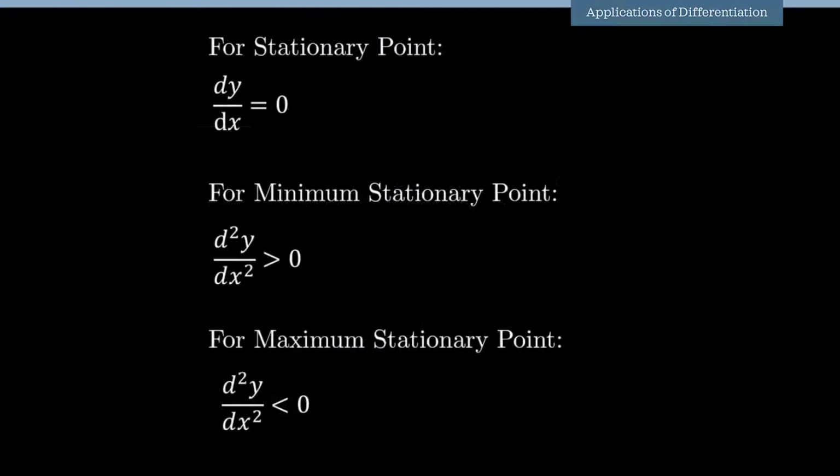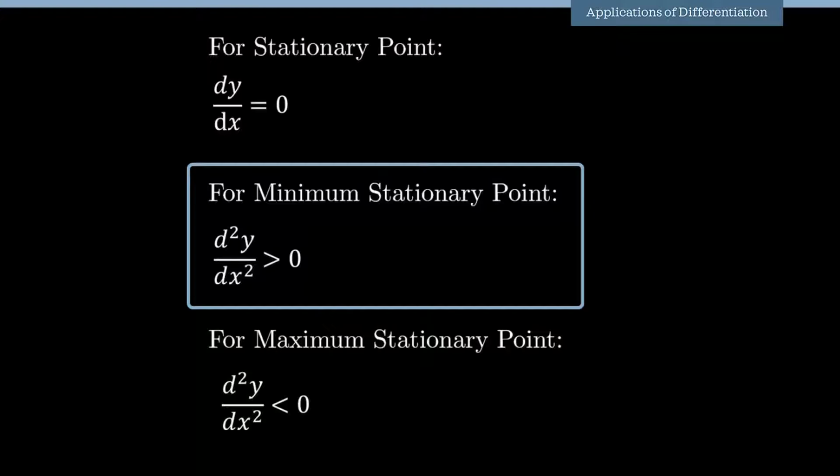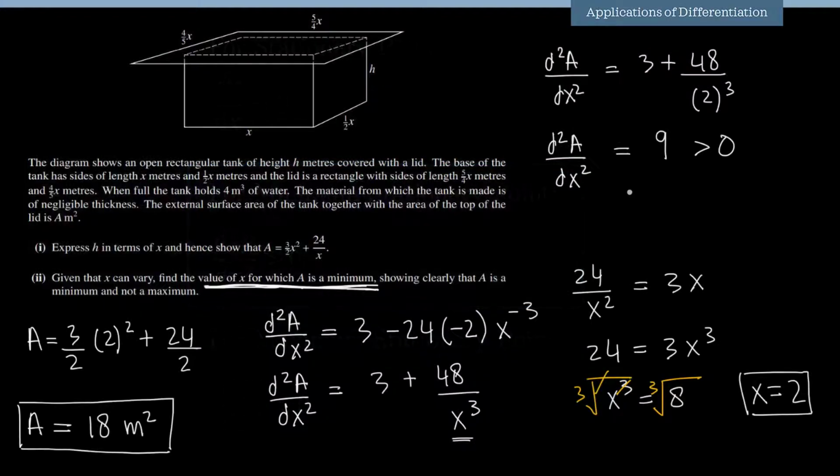And when the double derivative is greater than 0, the stationary point is a minimum stationary point. So this is a minimum stationary point, meaning that this area is a minimum area and not a maximum area. And this was what I needed to show. So this was the answer to part 2.